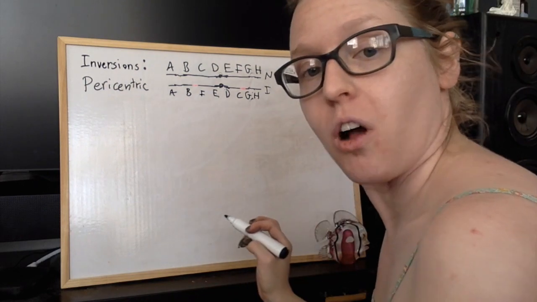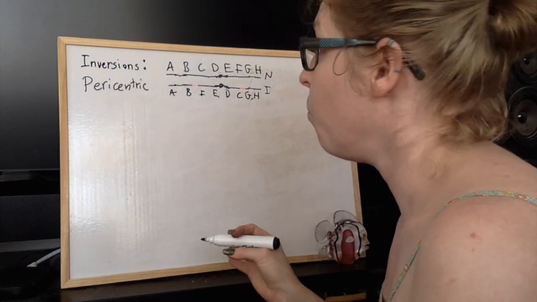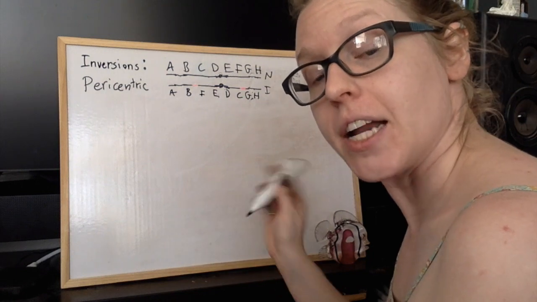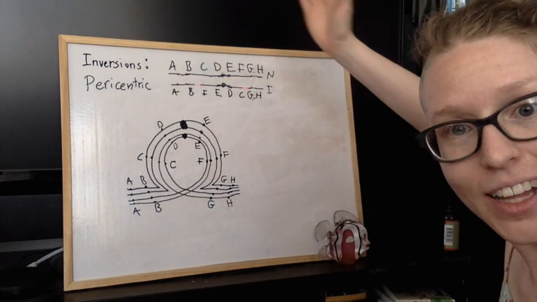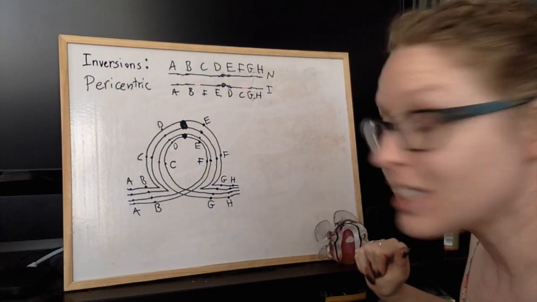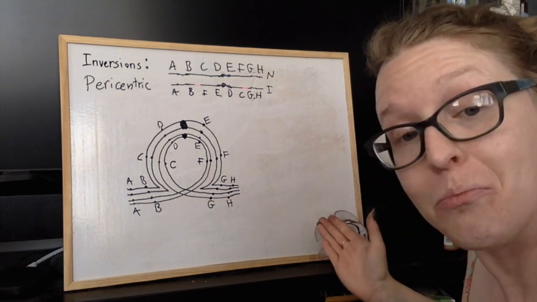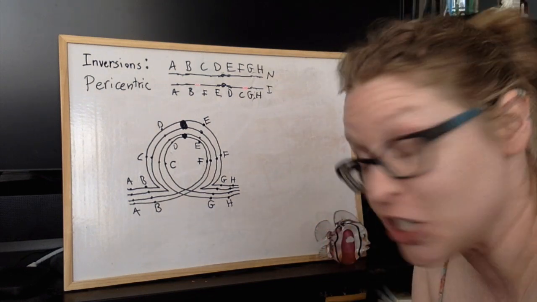And your questions were all about, of the produced gametes, what is viable? So, give me a second, and I will draw the inversion loop and resultant gametes. Ta-da! So, this is an inversion loop in the context of meiosis. This is how the tetrad looks when there's been an inversion.